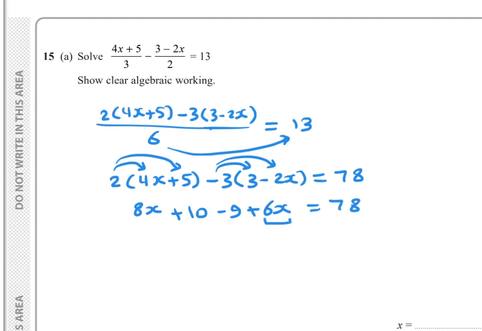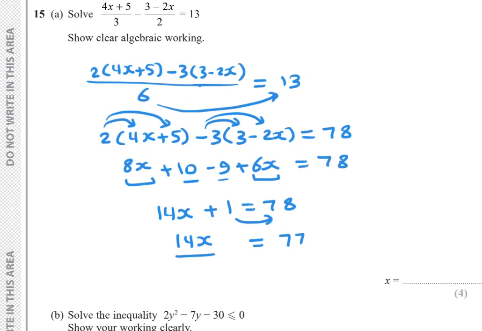Combine the like terms, 6x plus 8x equals 14x, and 10 minus 9 equals 1, so 14x plus 1 equals 78. Transpose 1 to the other side, so 14x equals 78 minus 1, which is 77. Now divide by 14 to find x. So x equals 5.5.